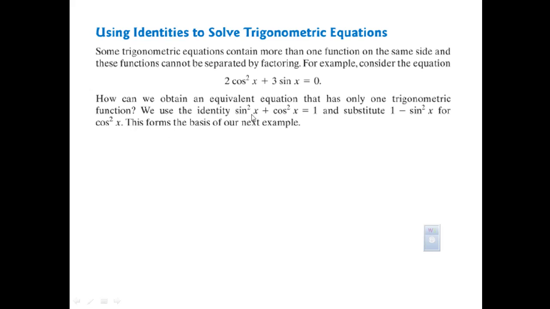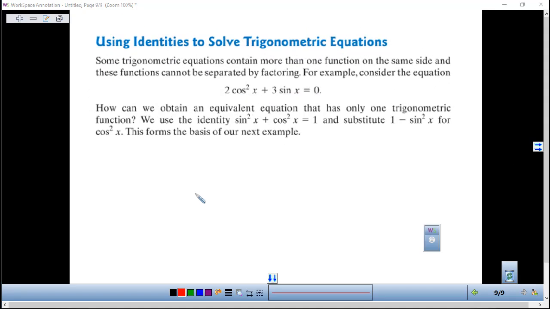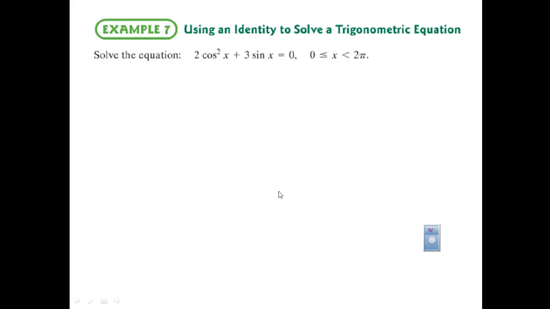So we can use the identity sine squared x plus cosine squared x equals 1, and with a little rearrangement, for cosine squared x we can put in 1 minus sine squared x. Okay, and that's what we're going to do on this equation. So let's go ahead and work this out.